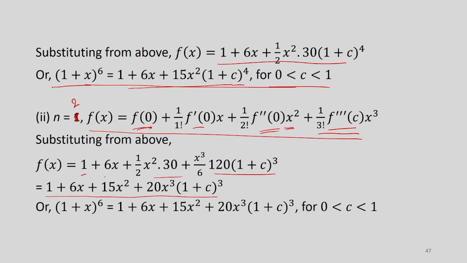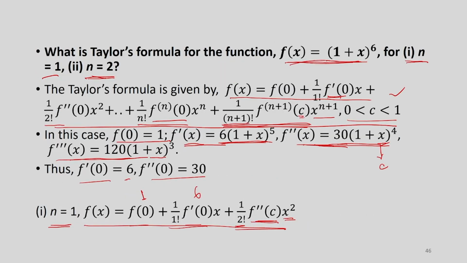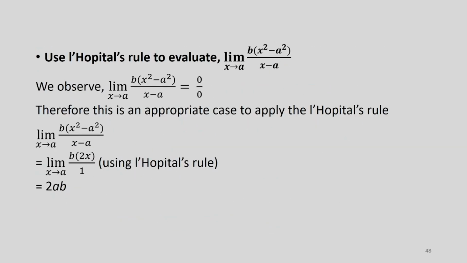Okay, 1 plus 6x plus 15x square plus 20x cube multiplied by 1 plus c to the power 3, and this is equal to the function. Function is 1 plus x to the power 6. So, this is the answer. All right. So, that takes care of the problem.